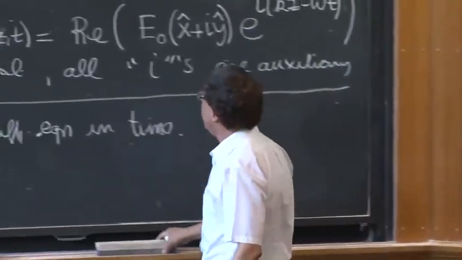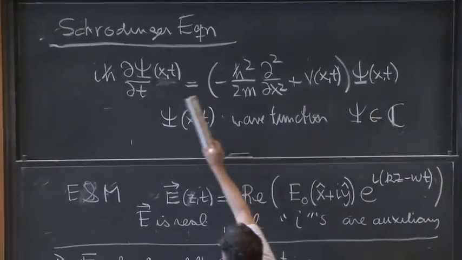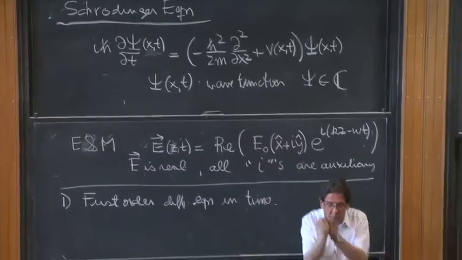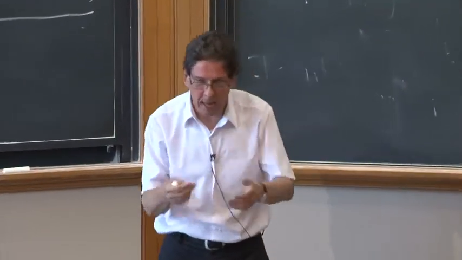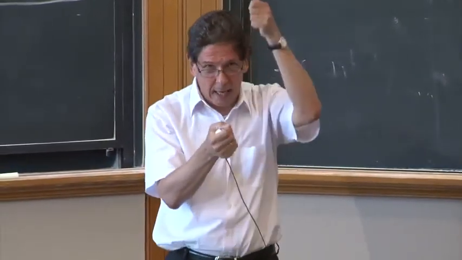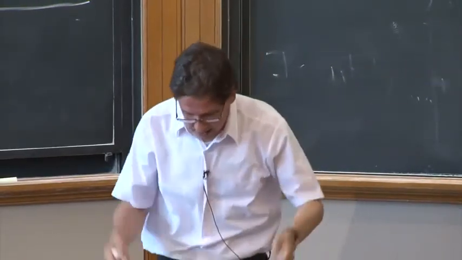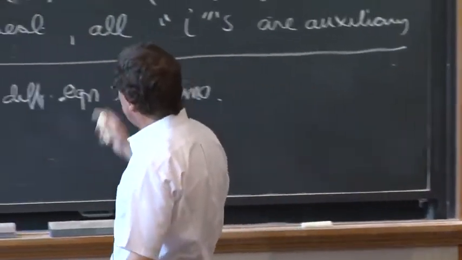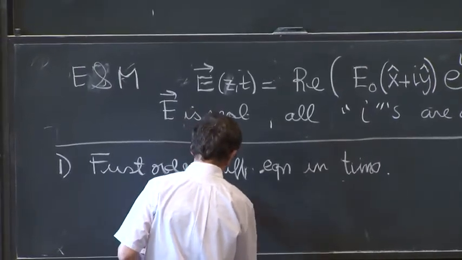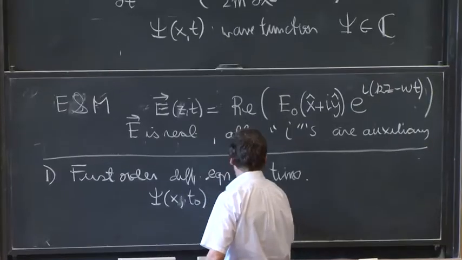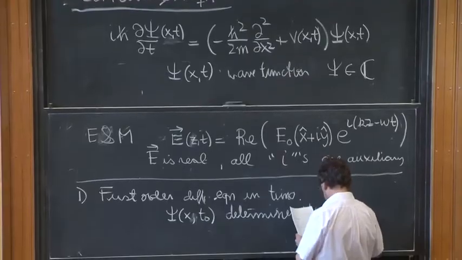Because if you know it all over space, you can calculate this right-hand side and know what is the time derivative. And with the time derivative, you can figure out what it's going to be later. A first-order differential equation in time is something that if you know the quantity at one time, the differential equation tells you what it's going to be later. So that's really sufficient: psi of x, for all x's, at some time t naught determines psi at all times.